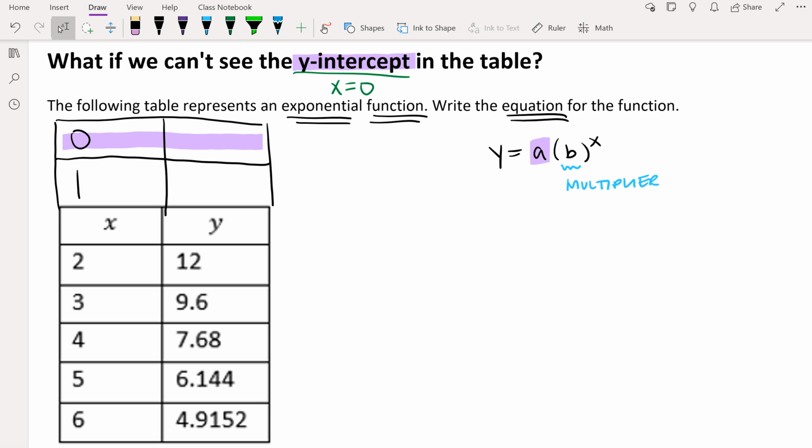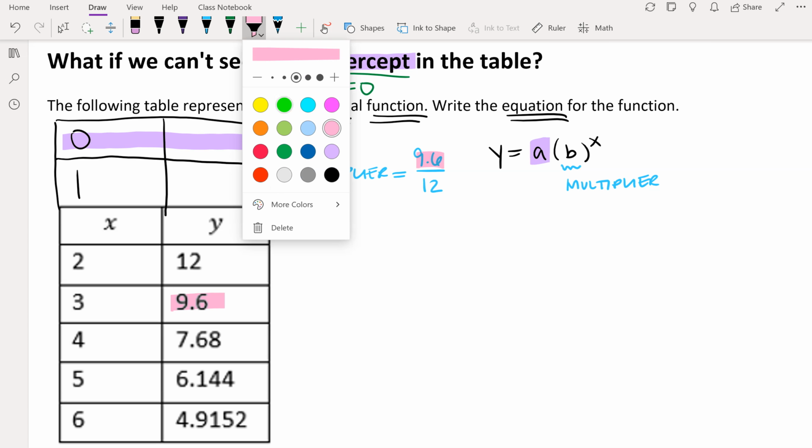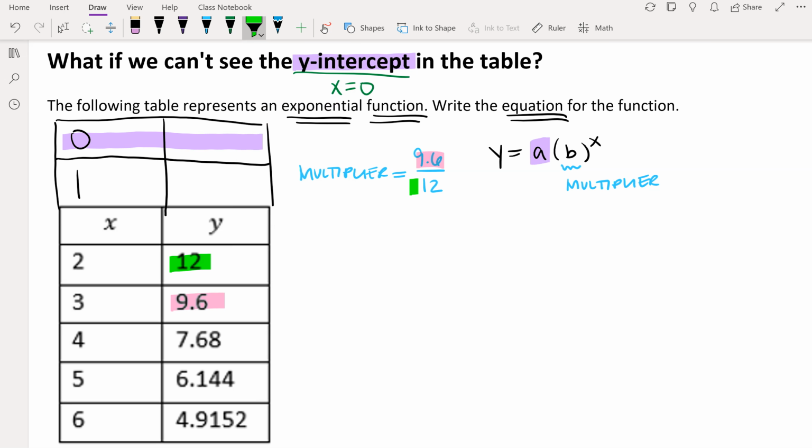So let's find the multiplier first. Multiplier equals the second y value, 9.6, divided by the first y value, 12. That was the equation that we said. So let's make sure we remember that. It's the second y value divided by the first y value. So if we do that, let me get out my calculator.